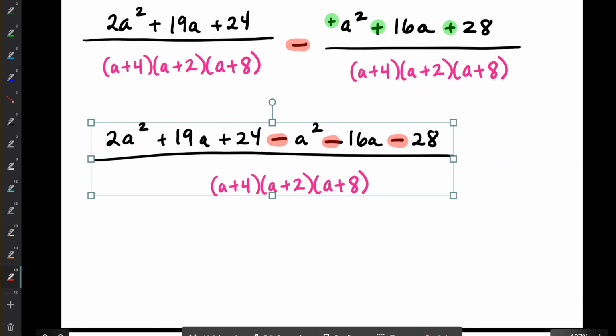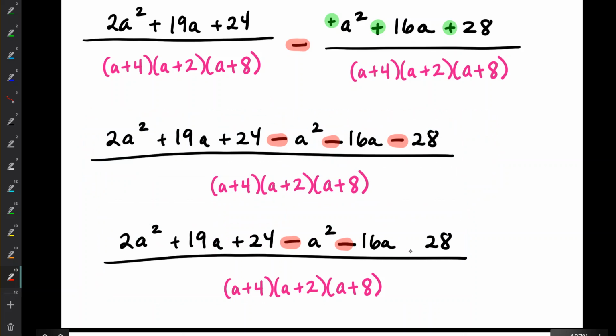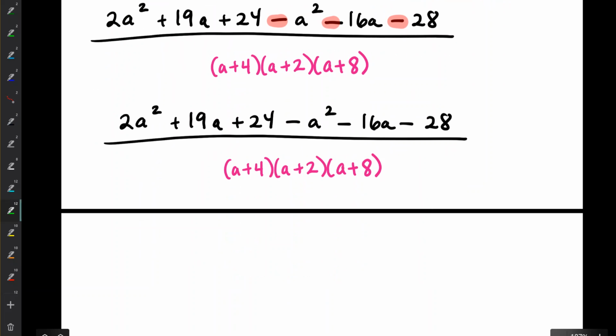Let's do that with some new color. Okay, so with my a squareds, I've got 2a squared minus 1a squared, which is just going to be a squared.